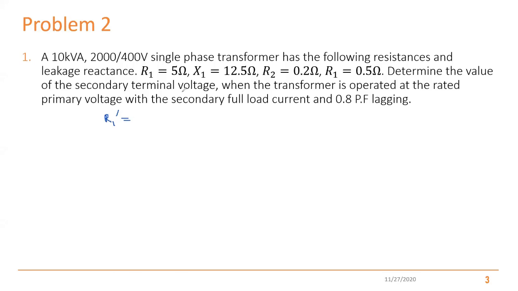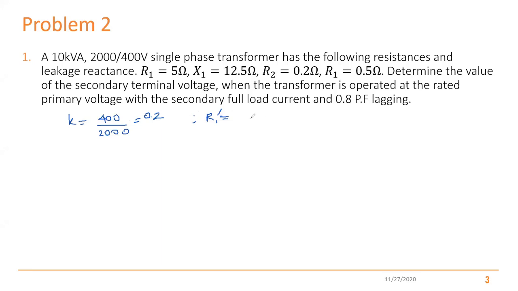So that means the transformer ratio is the secondary voltage divided by the primary voltage. Secondary voltage is 400. The primary is 2000. So this becomes 0.2. So I can now calculate R1 dash, that is the primary resistance referred to secondary.